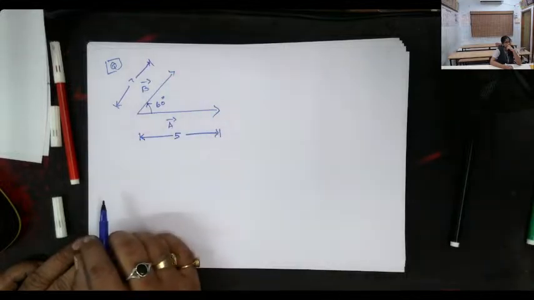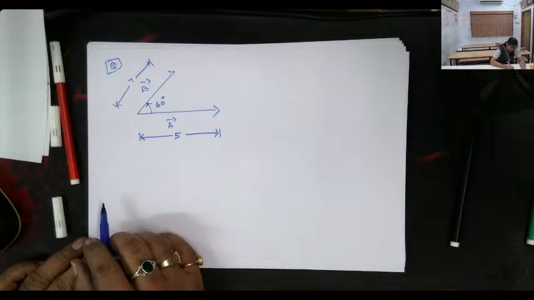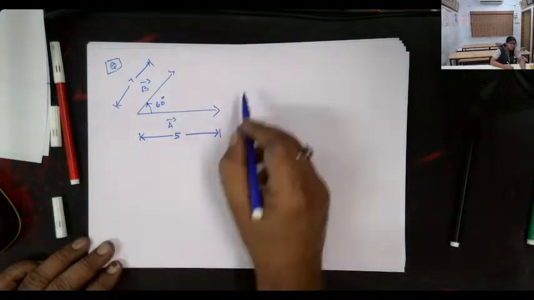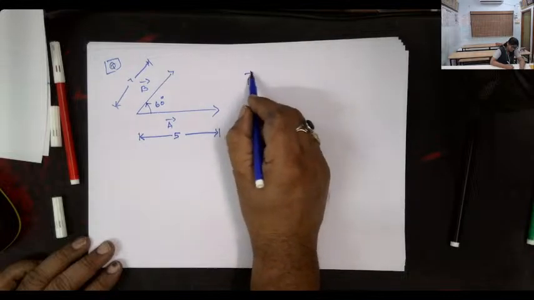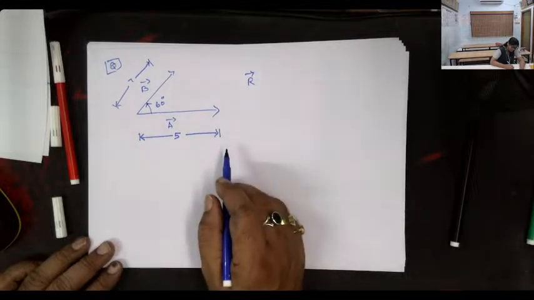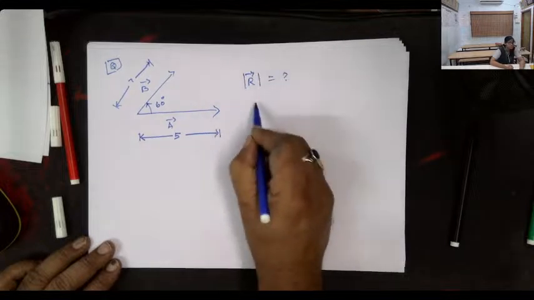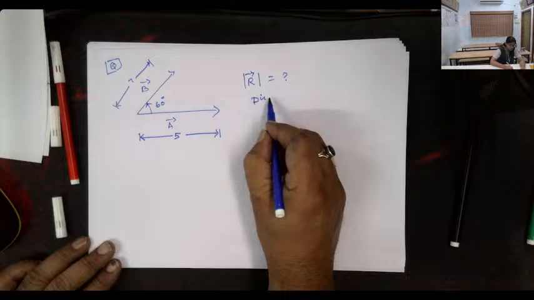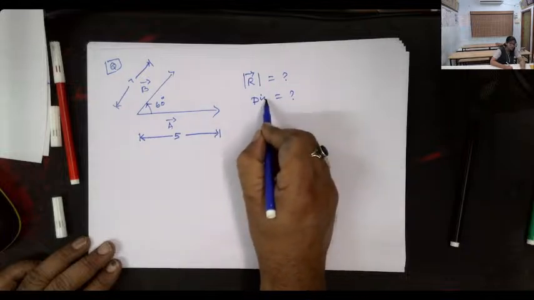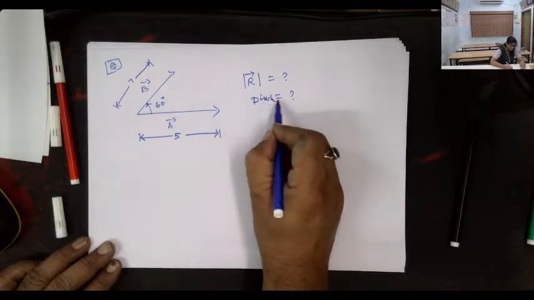Now find the magnitude of the resultant vector, and also the direction of the R vector.